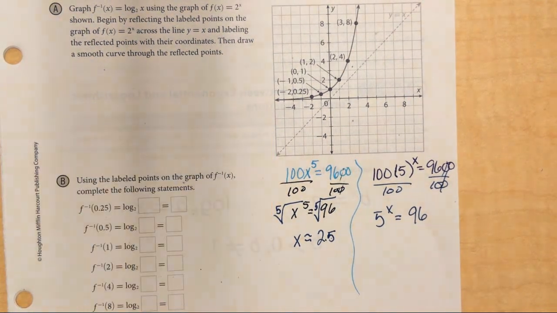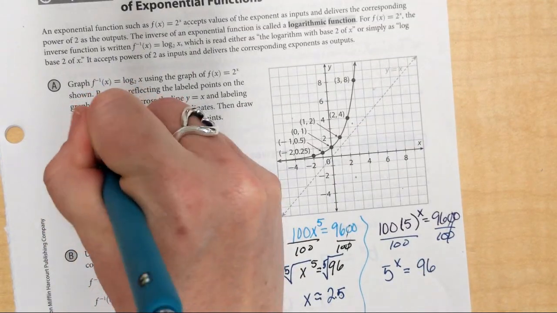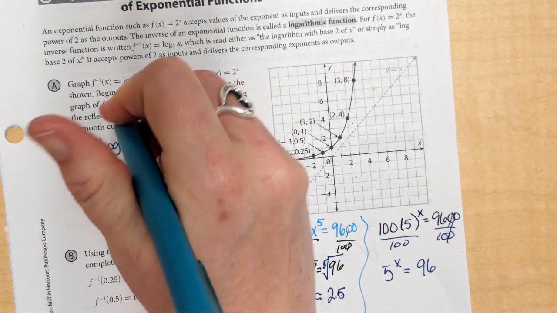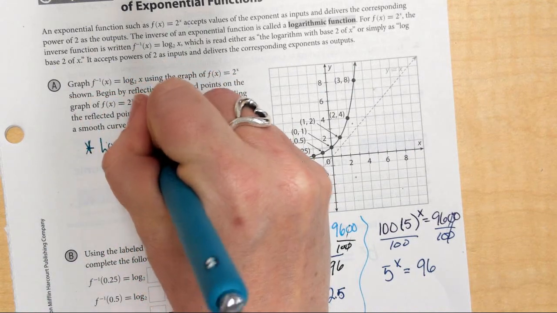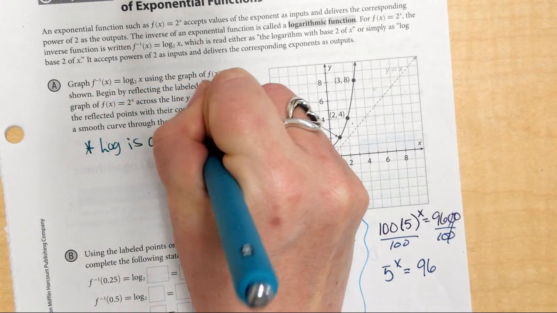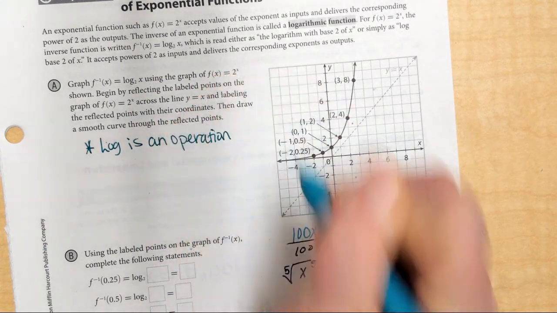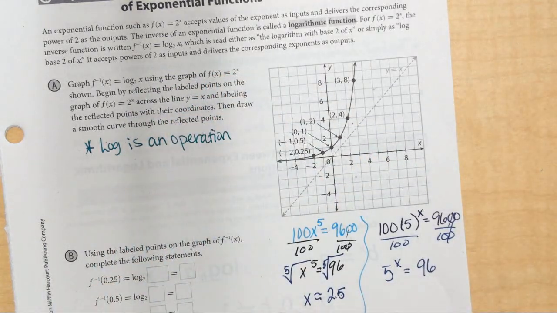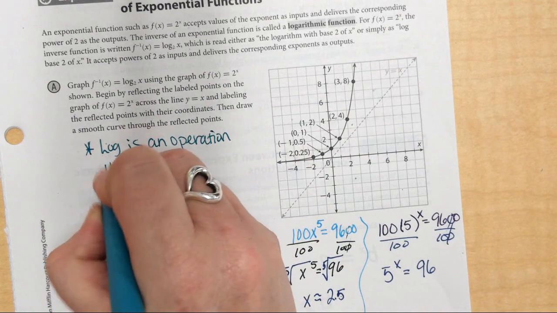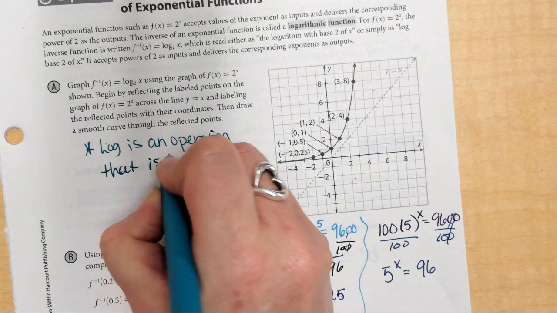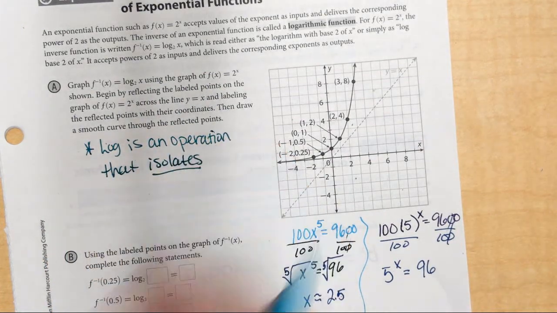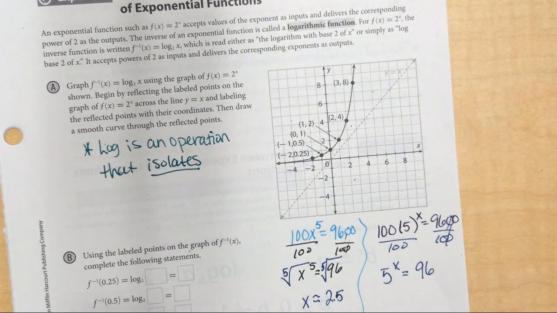So someone along the way invented this nice rule for us. So log is an operation, okay, just like adding or subtracting or multiplying and dividing. Those are math operations. So log is an operation that isolates, and isolates means to be alone.